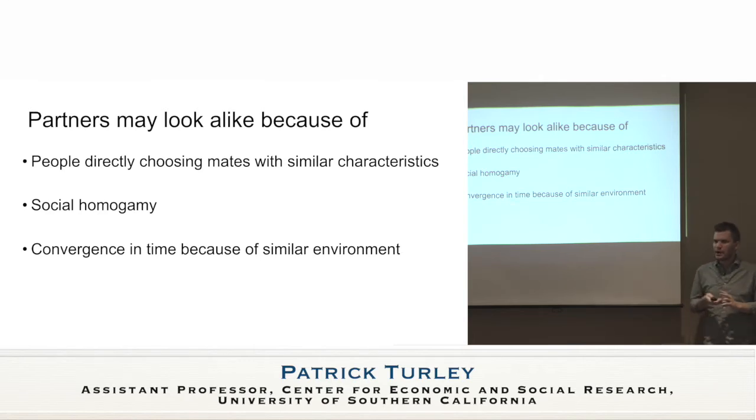Another reason might be that people are sorting directly on certain phenotypes, but the thing they're actually sorting on is a genetic correlate of the thing that you're observing. So for example, people maybe sort on intelligence. It might be that people who are brighter want to mate with other people who are brighter.